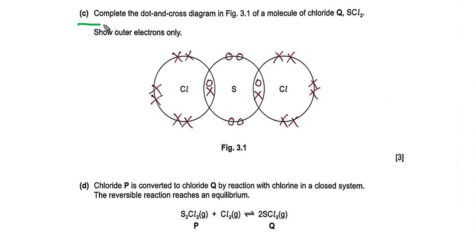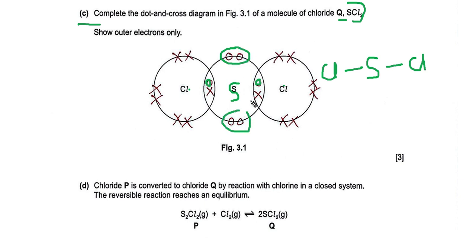Part C: complete the dot and cross diagram for the molecule Q, sulfur dichloride. Sulfur is in group 6, and sulfur forms 2 single bonds, so it gives 1 electron each, and the remaining 4 electrons stay in its outer shell.